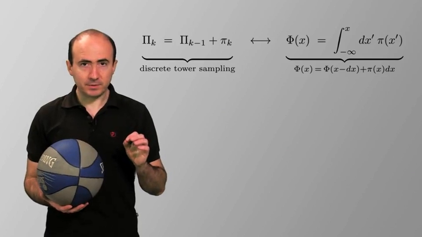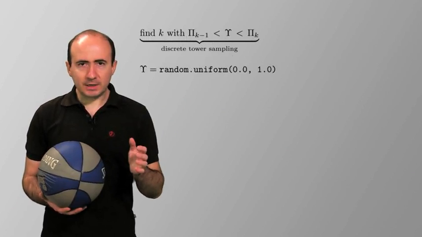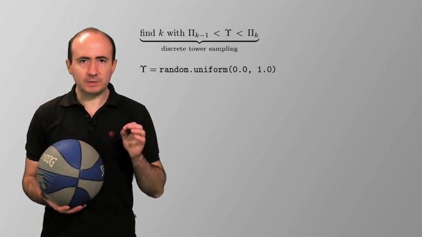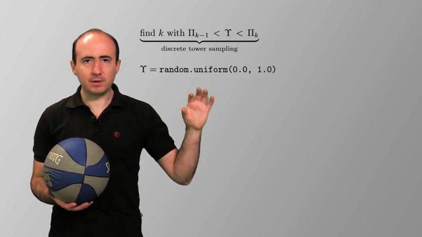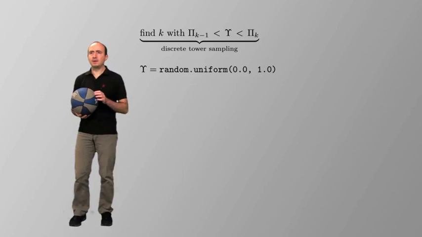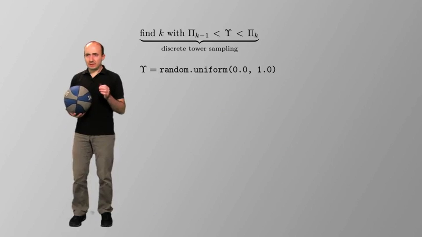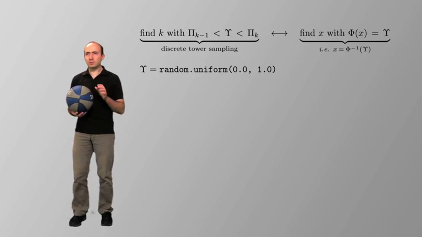The second step, which is illustrated there, in the discrete case, corresponds to determining the position at which the pebble has fallen. In the continuous case, it consists in determining the value x, which corresponds to the random number upsilon distributed between 0 and 1.